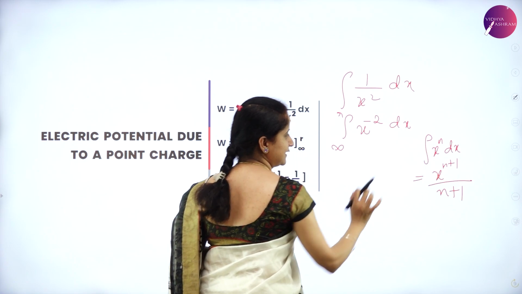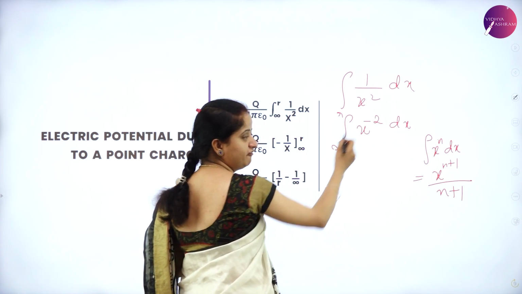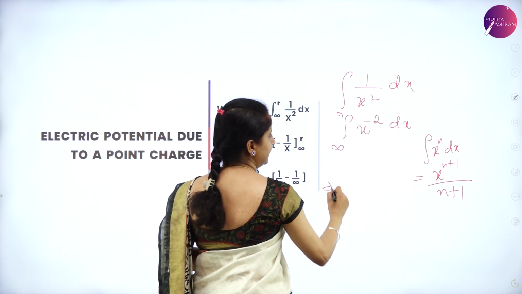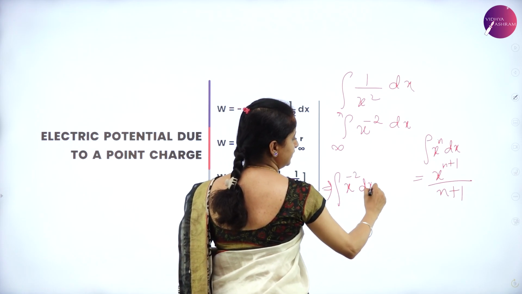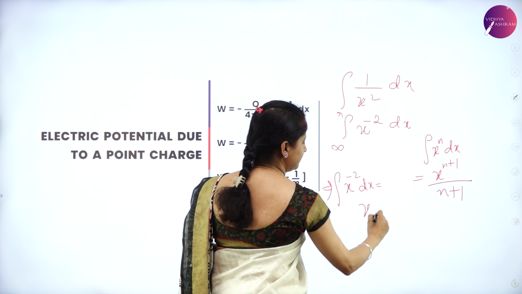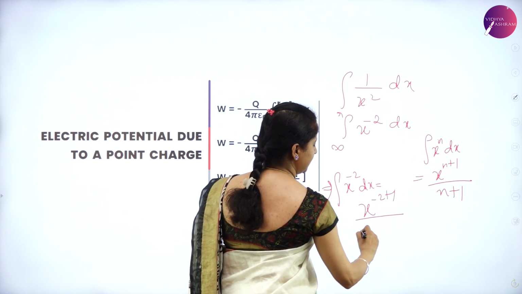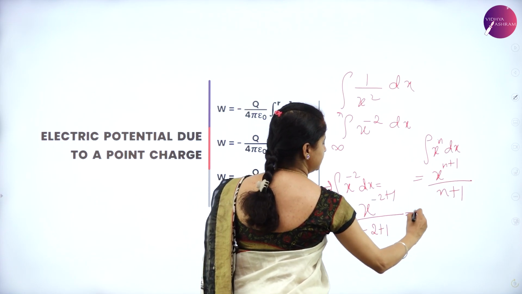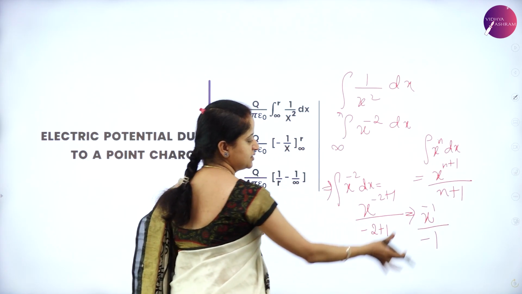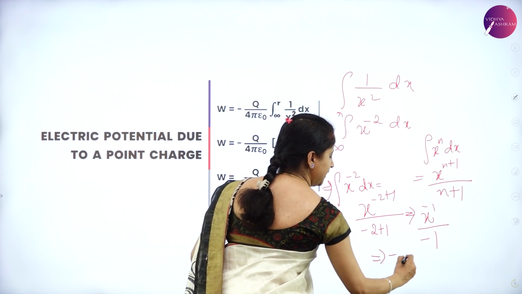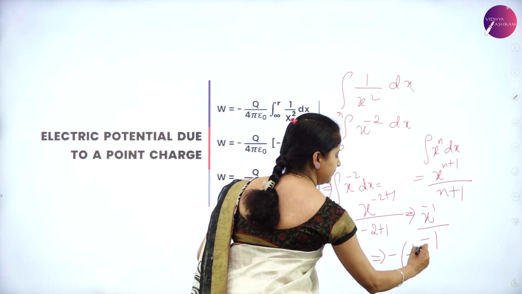So considering this example, in the place of n I have minus 2. So I get integral of x to the power of minus 2 into dx, which is equal to x to the power of minus 2 plus 1 divided by minus 2 plus 1, which is equal to x to the power minus 1 divided by minus 1. So I can write this as minus of 1 divided by x.